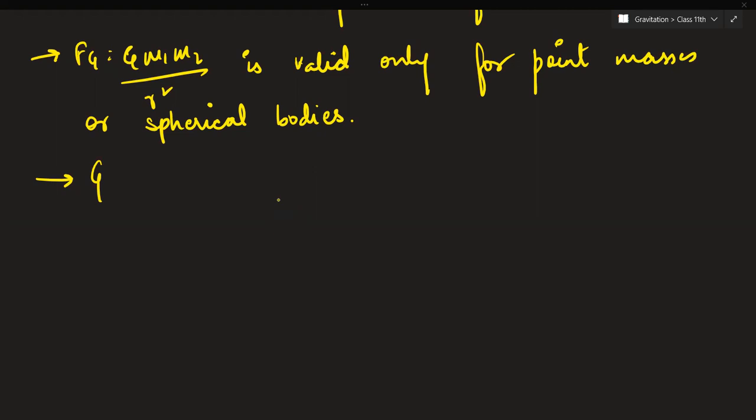Remember, we have done the question based on this to find the gravitational constant's dimensions. So one way is that. The second way is you can directly assume that these are done experimentally. Clear, Iram? Yes. Okay. So I was saying gravitational force is a conservative force.